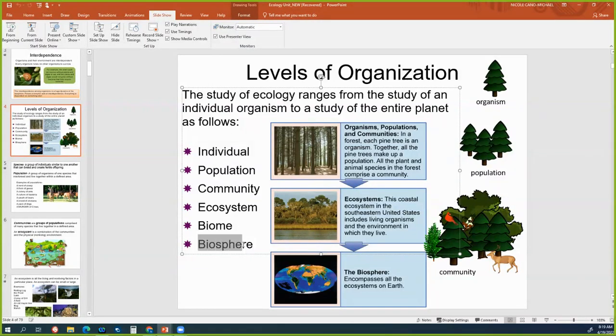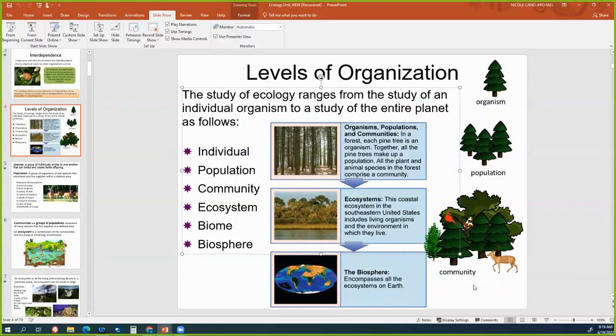The most complex is the biosphere. Community is more complex than a population because the higher up you go in this list, the more complicated it becomes. So a population is less complex, or you could say a community is more complex than a population.